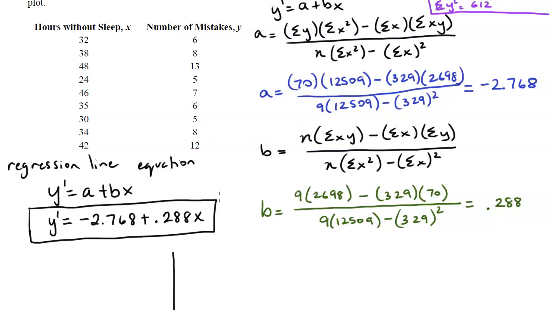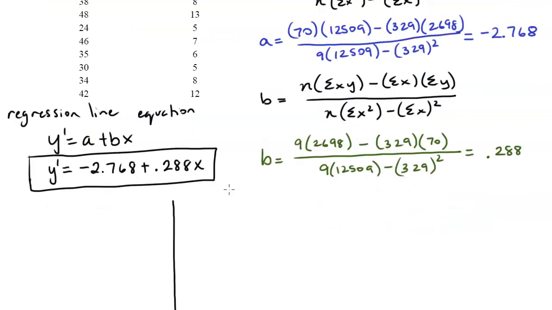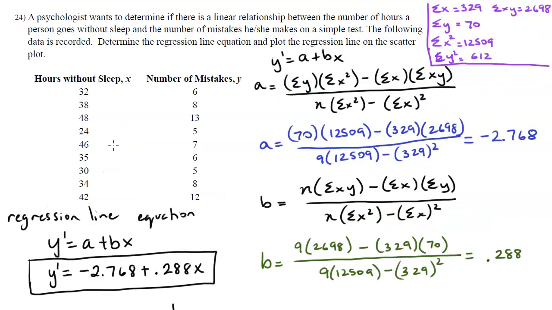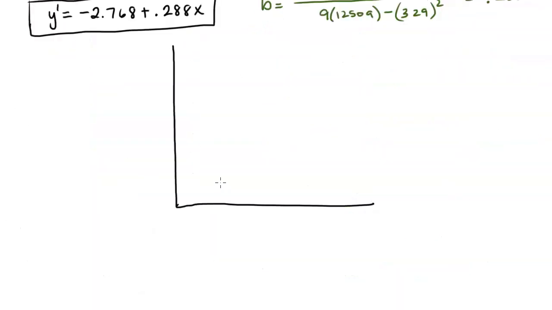So let's do this by tens. Maybe let's do it by fives. Why not? Let's do it by fives. And I'll start at 20 and go by fives. 20, 25, 30, 35, 40, 45, 50.